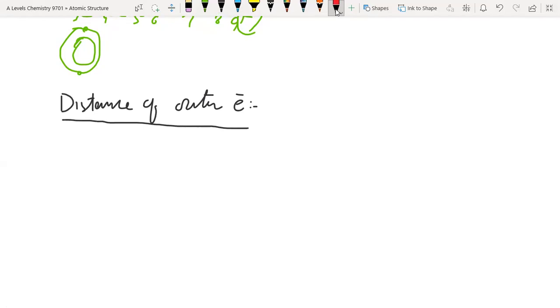If the size of the atom is greater due to the number of principal energy levels, it means the outer electrons are far apart from the nucleus.